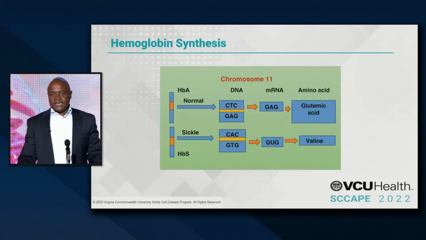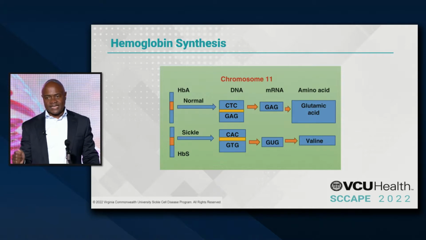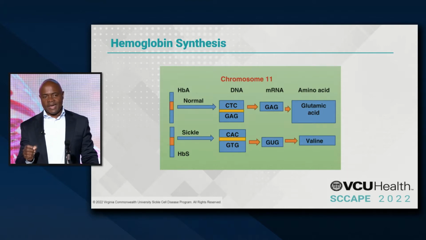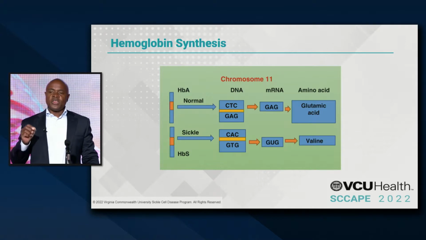In sickle cell disease, the classic form of sickle cell disease, and I'll get to why I'm saying the classic form, we know exactly where that genetic abnormality is. And we know exactly what happens in the DNA.